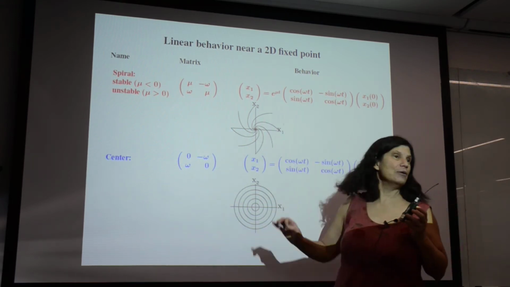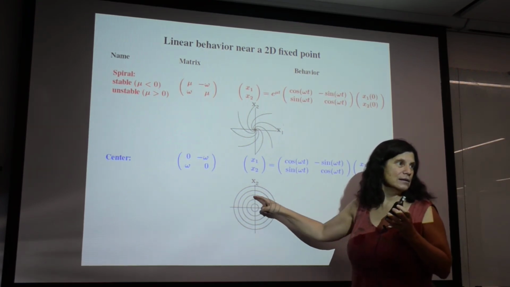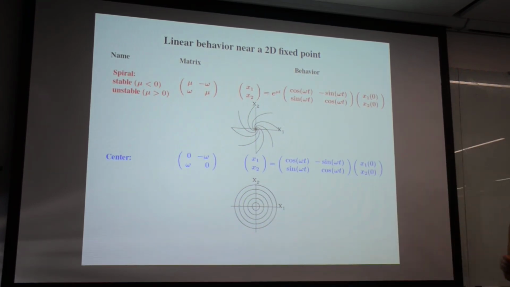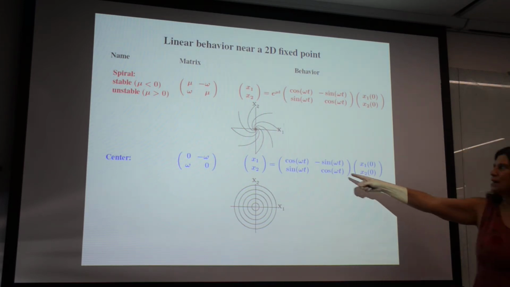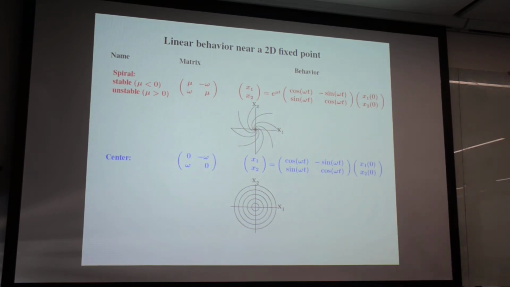I don't care about my radius. Whatever radius I'm at, I'll just stay. An eigenvalue of 0 is sometimes called marginal because it's between stable and unstable, but it basically means I don't care. And this says I'm just going round and round.